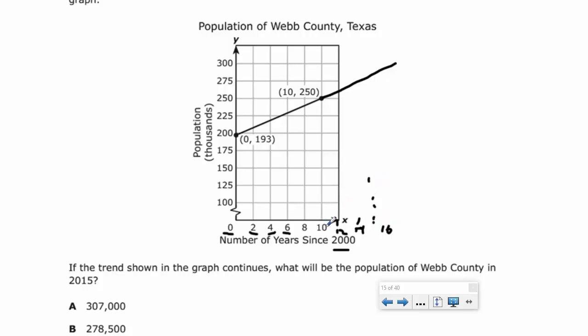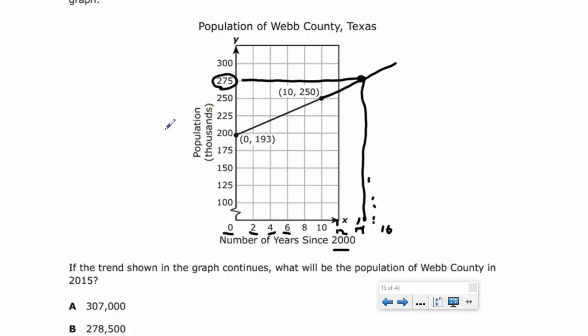Okay, so what I'm going to have to do is kind of guess what the population will be at that time. So I'm going to say 2015 is right about, yeah, it's actually about here. And they want me to guess. So if I take this data and extrapolate it and make a guess, my guess is going to be about 275,000 people.